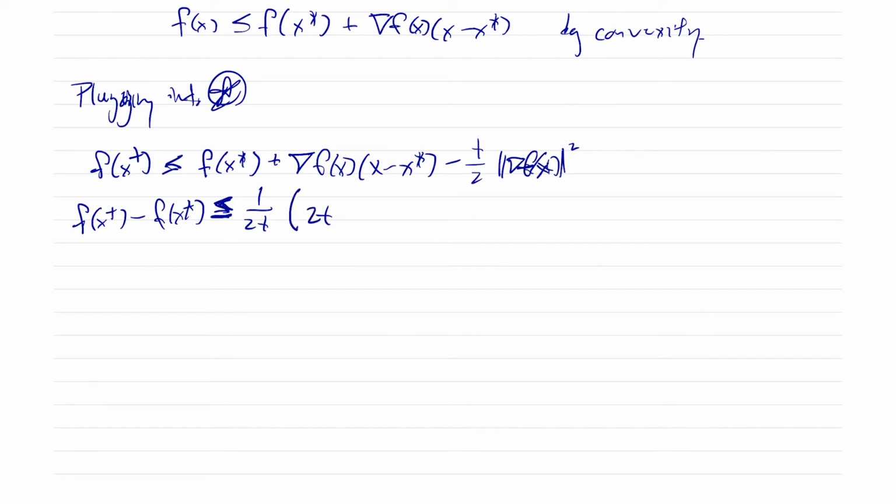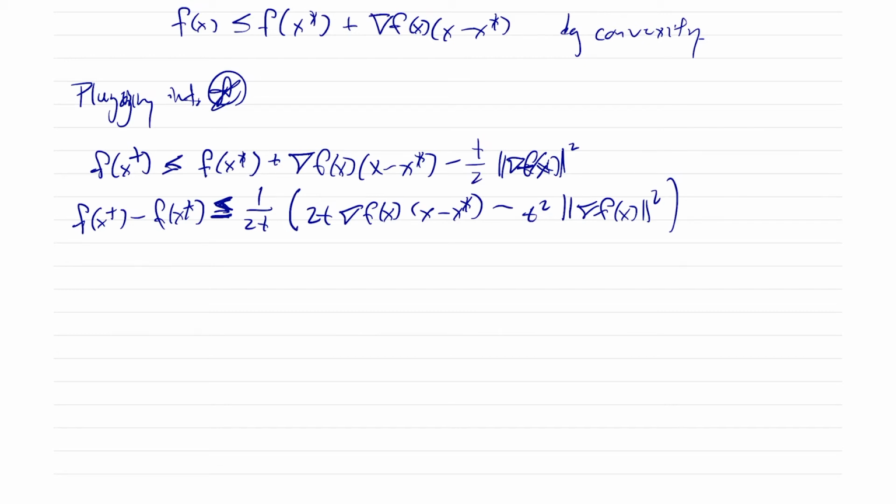We put a 2t on the gradient of f of x times x minus x star, and then we subtract. We took out 2t, so we get t squared on the norm of the gradient of f.